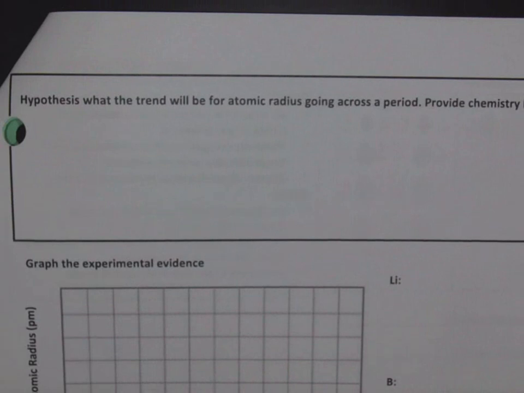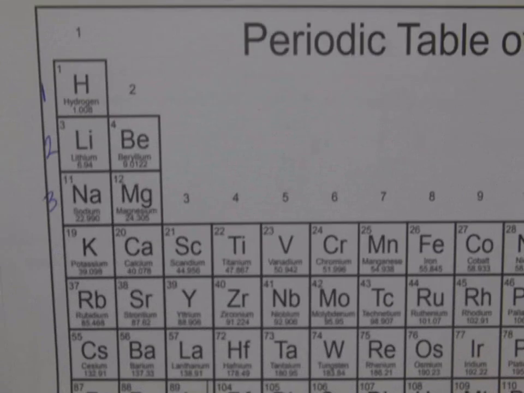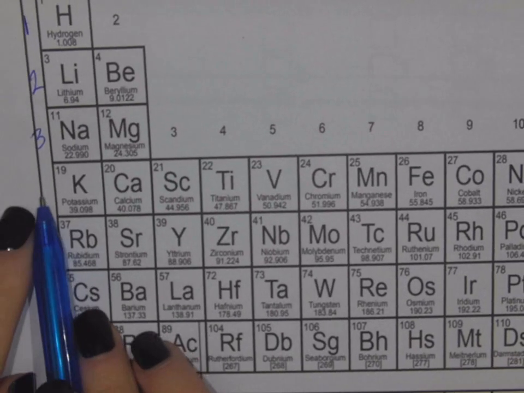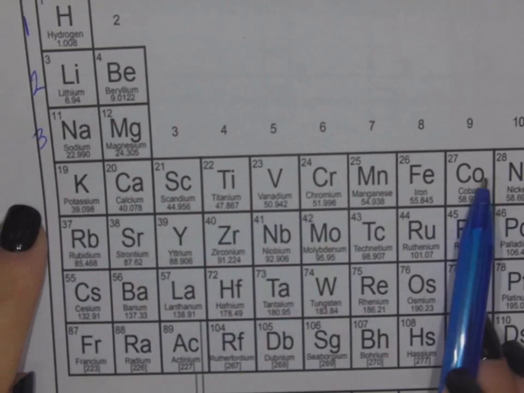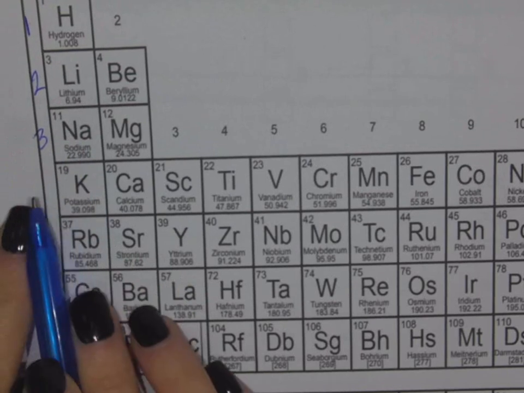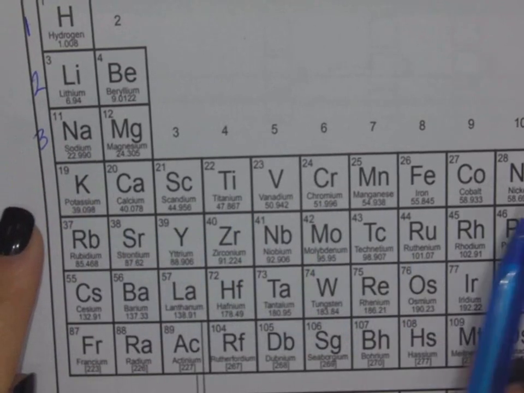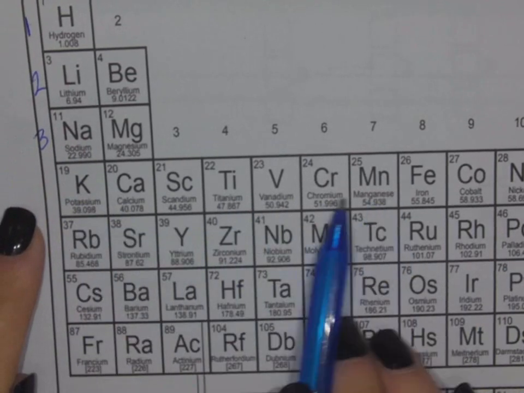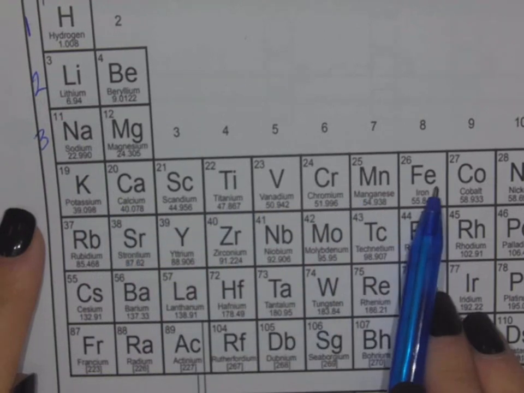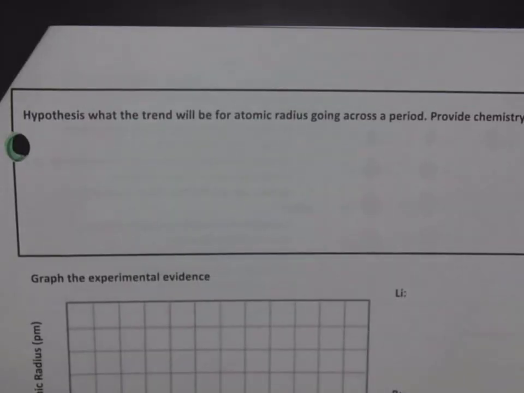Okay. Now we're talking about the radius going across a period. Sorry, I said group, I meant period. So the columns are the groups, the rows are the periods. So we want to see if we go from left to right, will the atomic radius increase or decrease, and why is that?